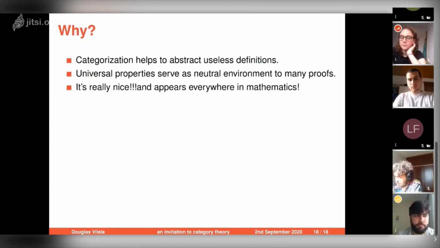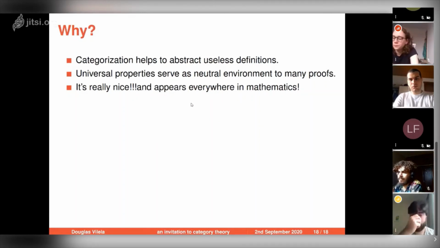As we saw, we could use it in topology or even the natural numbers itself in a different way.